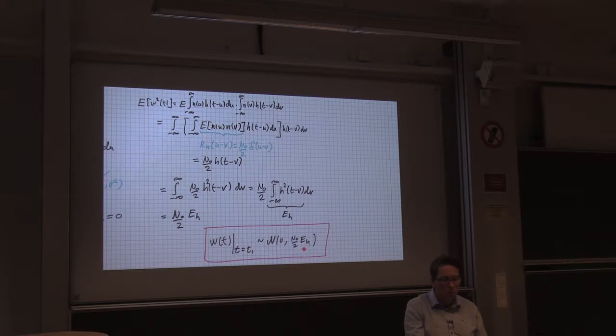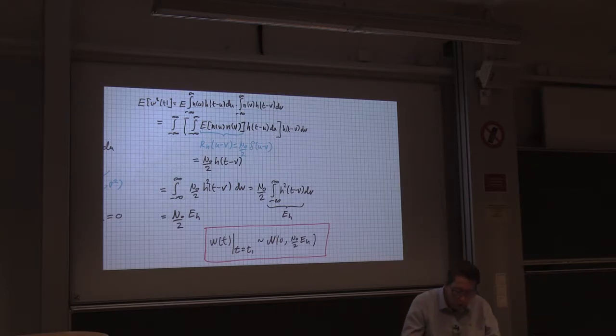So whatever filter we choose, the energy of its impulse response is the only thing which is important from a noise point of view. The shape doesn't really matter, only the energy.